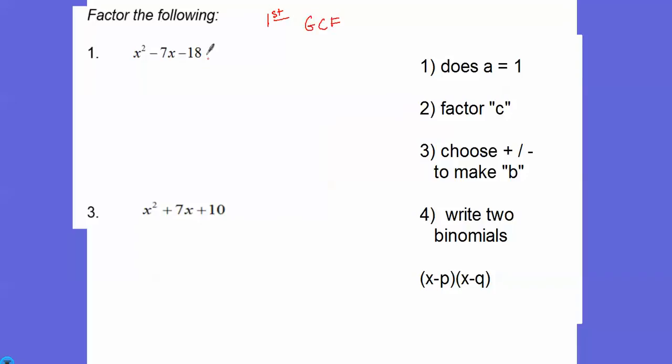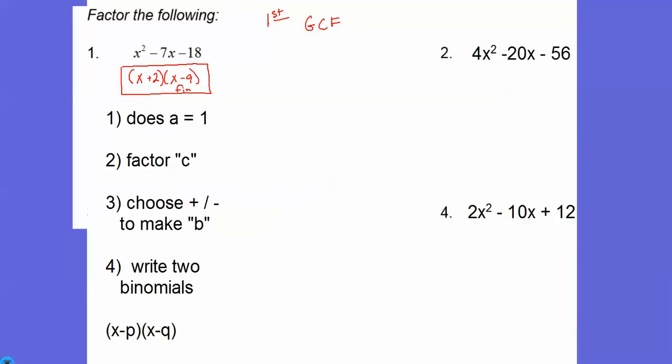Always, always, always. In this first problem, I did already look for the GCF. It wasn't there, this is the first problem we did. We're going to recall that the factored form is x plus 2 and x minus 9, and we are finished. We've checked this already. So we are finished here.